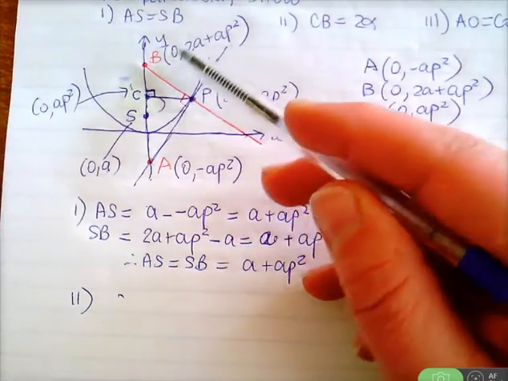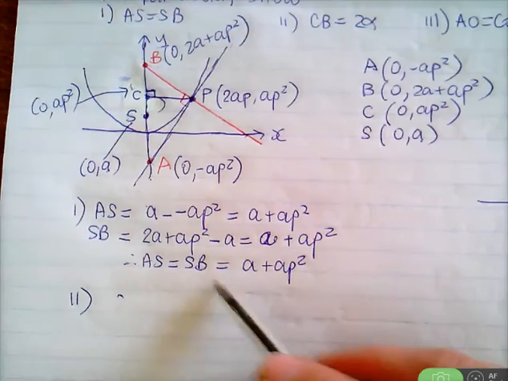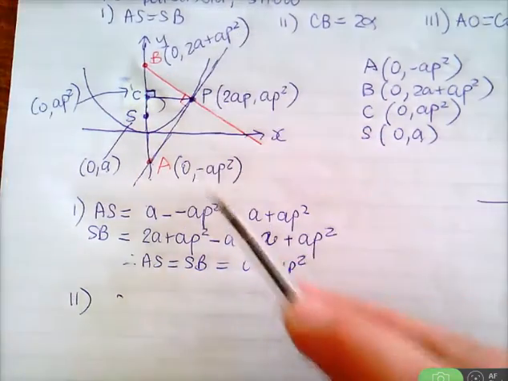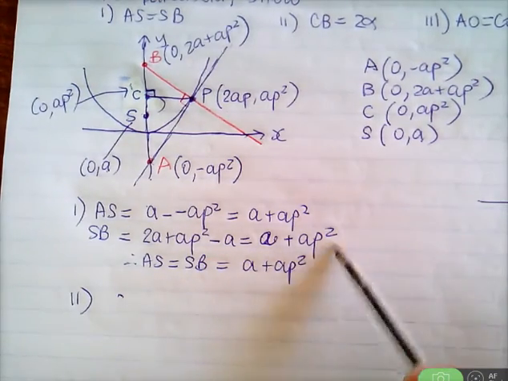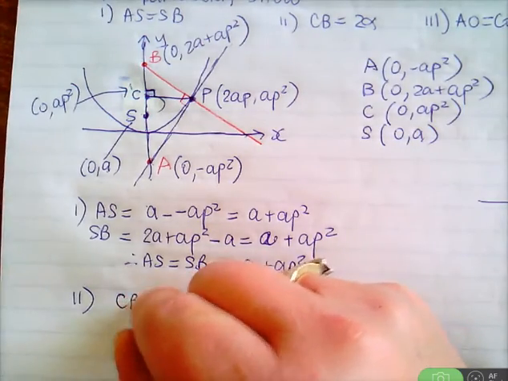SB, you do the y value for B minus the y value for S, because B is higher up than S, and you would get 2A plus AP squared minus A, and you get A plus AP squared, therefore AS equals SB.